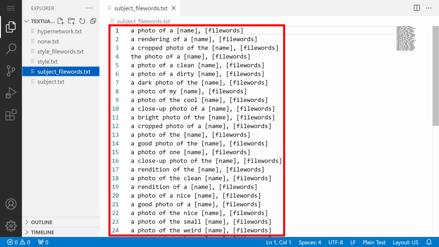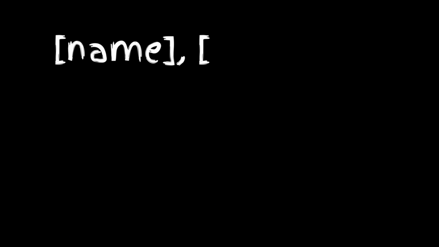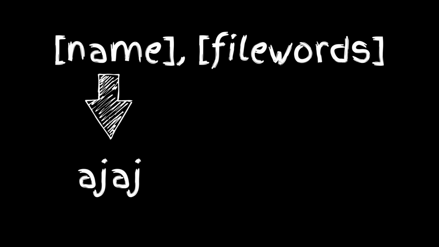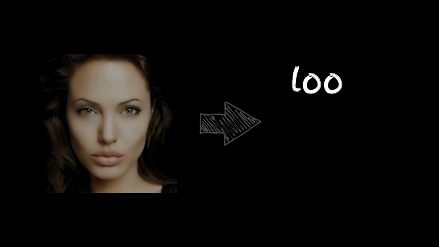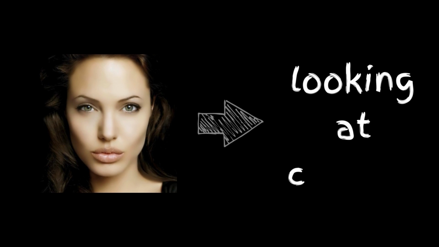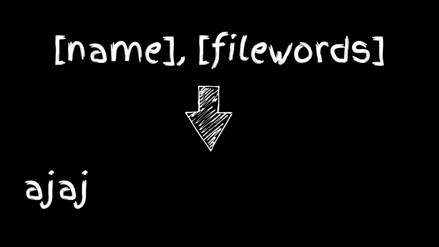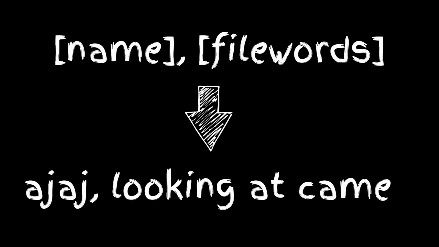This revised template retains only the essential elements: name, file words. Here, name refers to the embedding's name, AJAJ in this instance, and file words corresponds to the image's caption. For example, if a training image's caption is "looking at camera," the prompt, according to our template, becomes "AJAJ looking at camera."